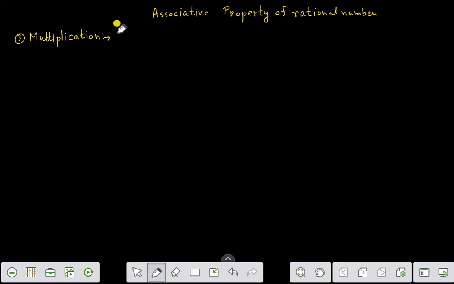Multiplication of rational numbers is associative.